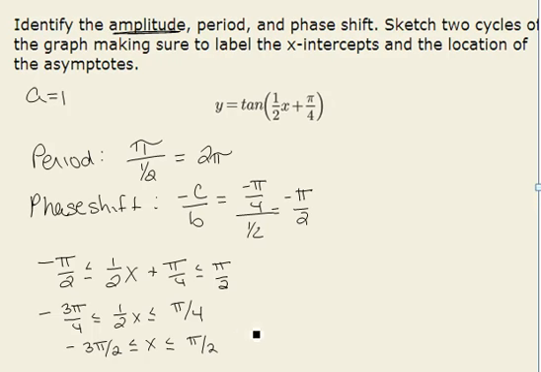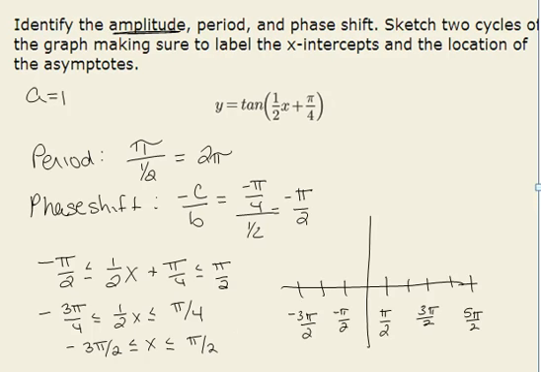We are now ready to sketch our graph. Since we were asked to do 2 cycles, I have labeled my axes from the first interval of negative 3 pi over 2 to pi over 2, and then from pi over 2 to 5 pi over 2. We will recognize that at negative 3 pi over 2 and pi over 2, tangent will have its vertical asymptotes.